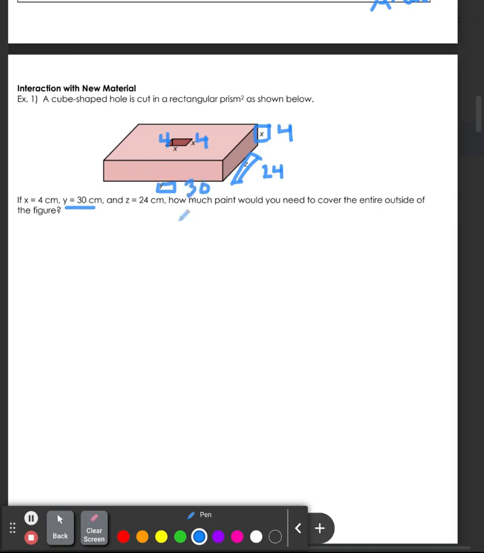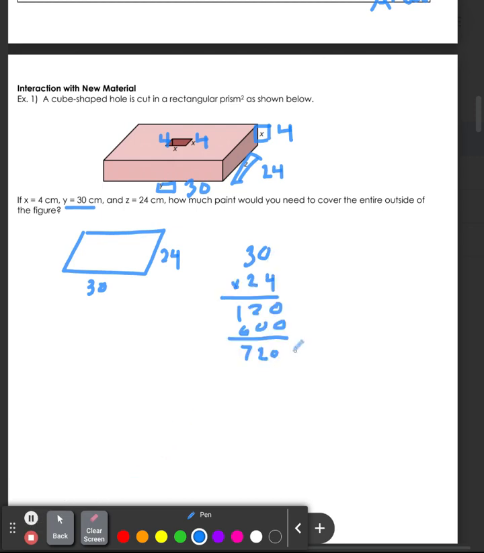All right, now that we have that, how can we calculate how much paint we would need to cover the entire outside of the figure? If we were to start off with just finding the surface area of the top portion of this rectangular prism, what would that be? Well, it'd be 30 centimeters by 24 centimeters. To find the area of the top, or just this rectangle, it'd be 30 times 24, which is 720 centimeters squared.